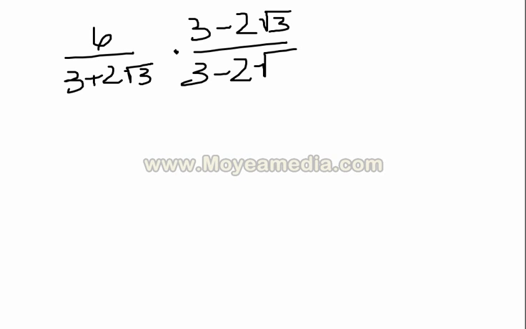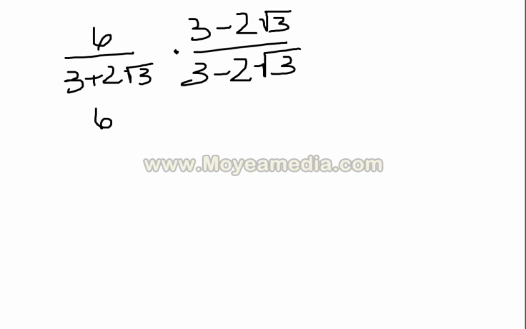The only way to get rid of the radical in the bottom is to rationalize the denominator by multiplying by the conjugate. The conjugate of 3 + 2√3 is actually 3 − 2√3. So I'm going to multiply this by (3 − 2√3) over (3 − 2√3).